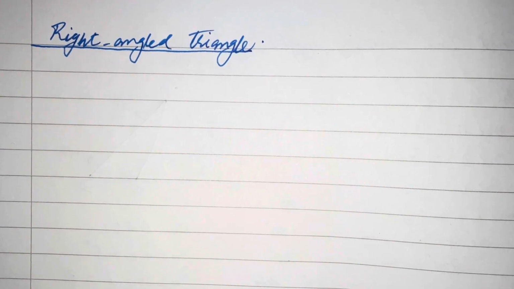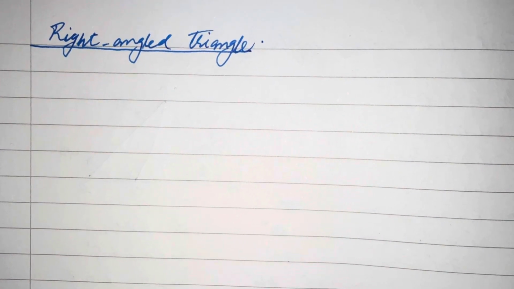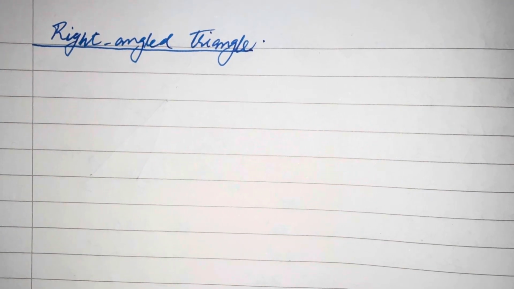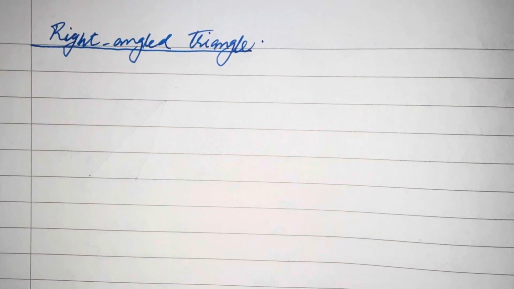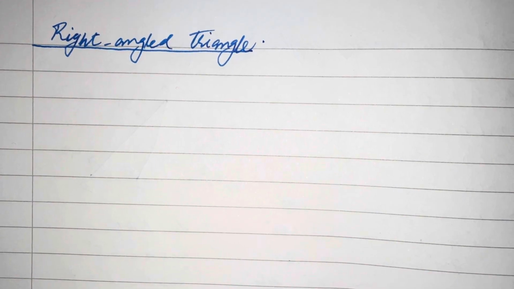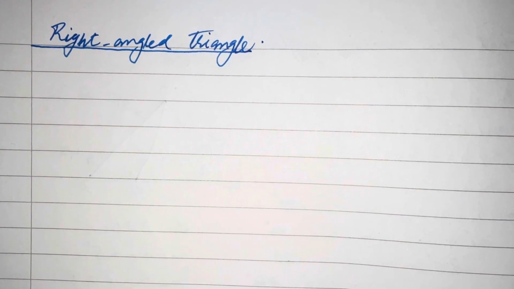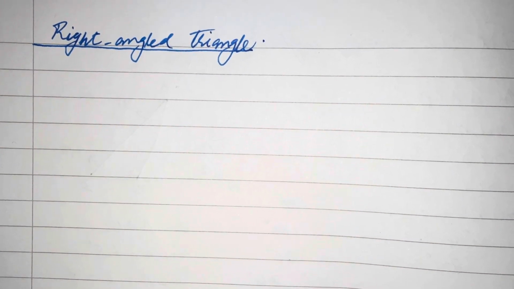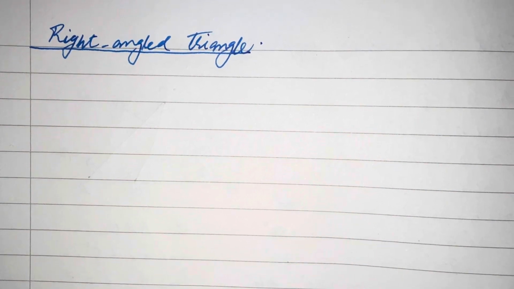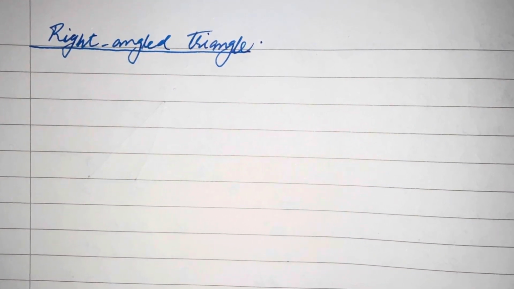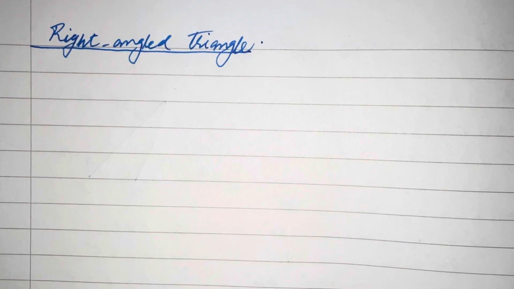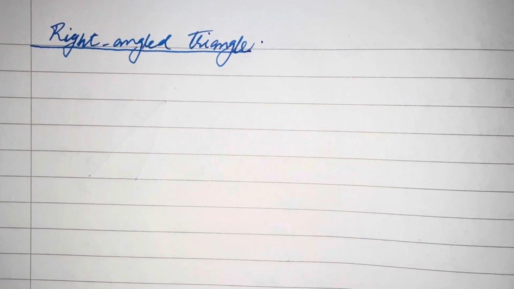Learning about the right angle triangle is very important, because we use this kind of triangle in our practical life, to find the lengths of different things, and to find the base or height of different kinds of things.